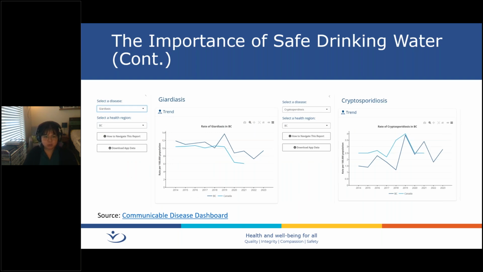So you'll see two charts here. These are pulled from the BCCDC's reportable communicable disease dashboard. They show an overview of giardiasis, also known as beaver fever, which is caused by giardia, as well as cryptosporidiosis, which is caused by cryptosporidium.